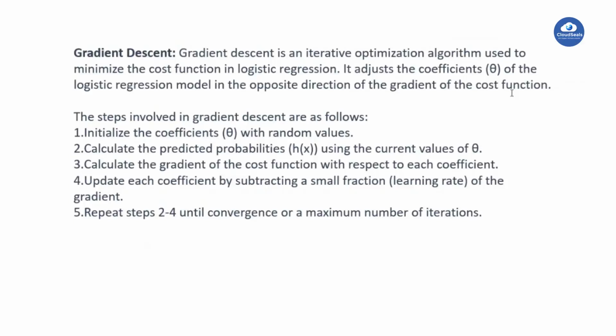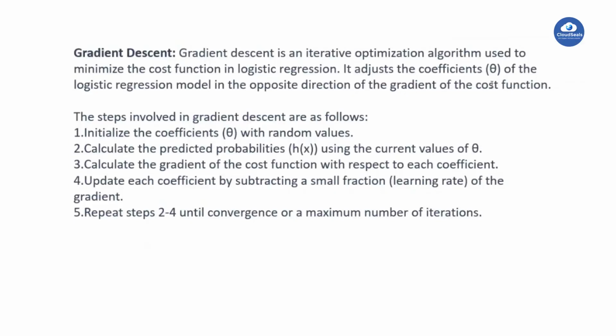Then only the cost function will decrease. If the coefficient value increases and the cost function also increases, we decrease the coefficient value to decrease the cost function. Or if decreasing coefficients increases the cost function, we increase the coefficients to decrease it. By adjusting coefficient values, we try to minimize the cost function.